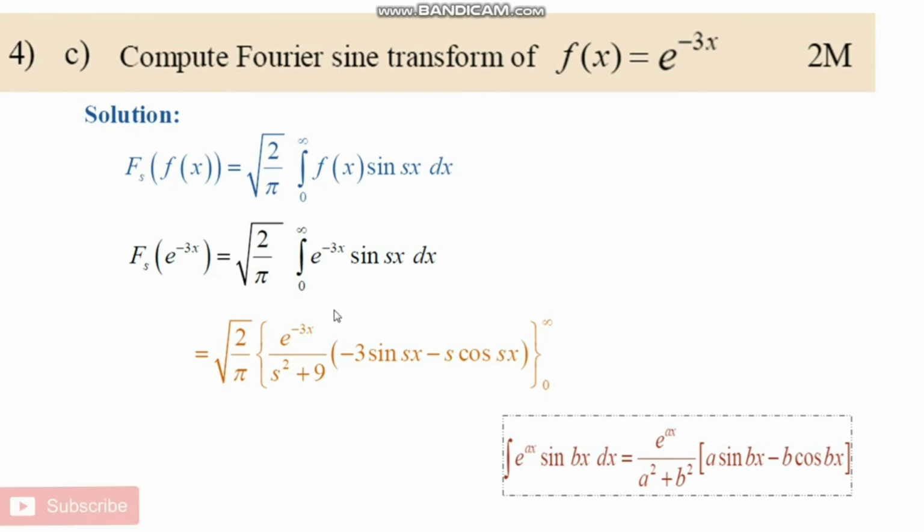To simplify this result, we can substitute x with infinity, we get the upper result, minus x replaced with 0, we will get the lower result, and just by simple algebraic calculation we have obtained square root 2 by pi s by s square plus 9, which is the Fourier sine transform to the function e power negative 3x.